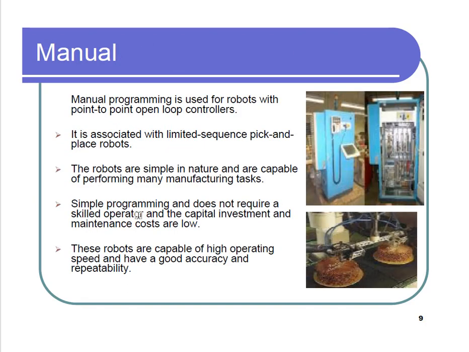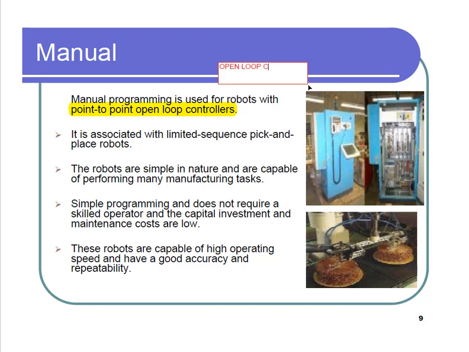What is manual programming? Manual programming is used for robots with a point-to-point open loop controller. It means that this robot does not have feedback. It is just moving from one place to another, pick and place from one point to another point.